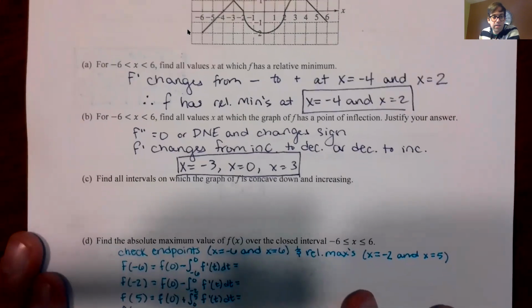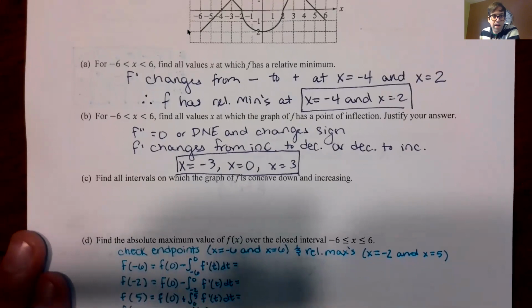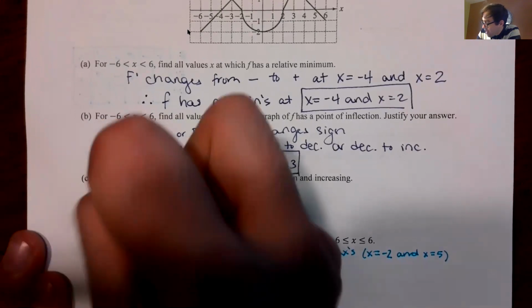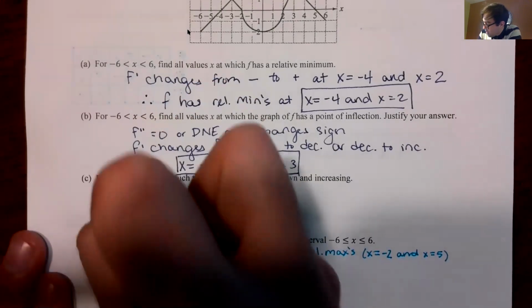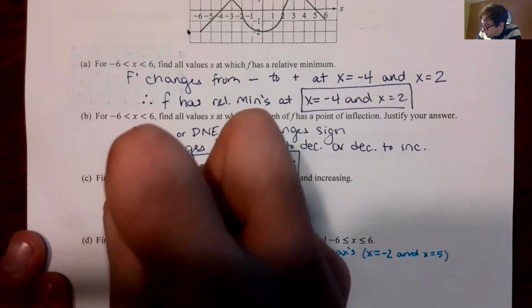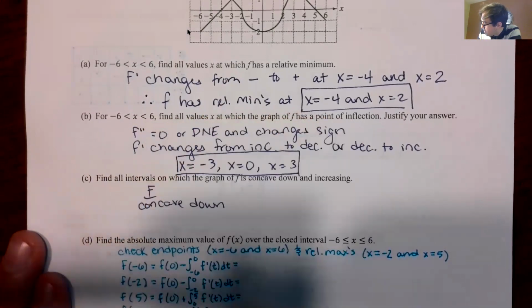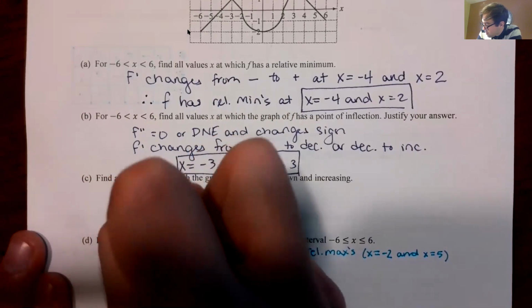Okay. Letter C, find all intervals on which the graph of f is concave down and increasing. So the graph of f, we want to know when this is concave down and increasing.